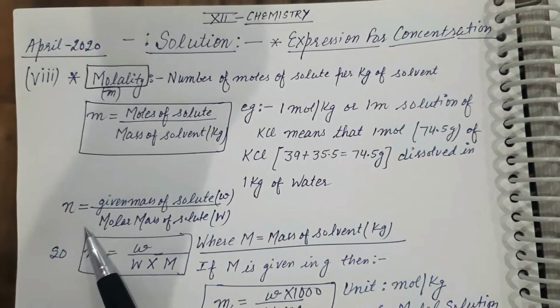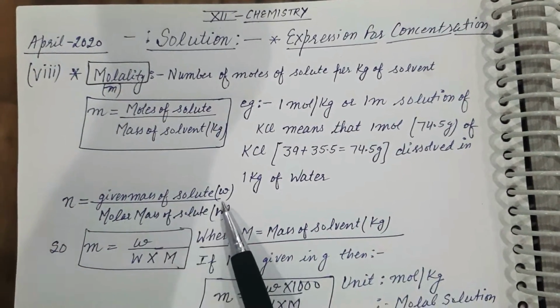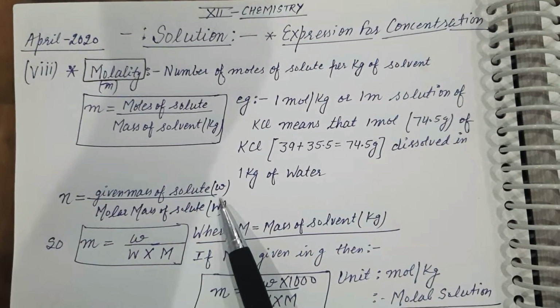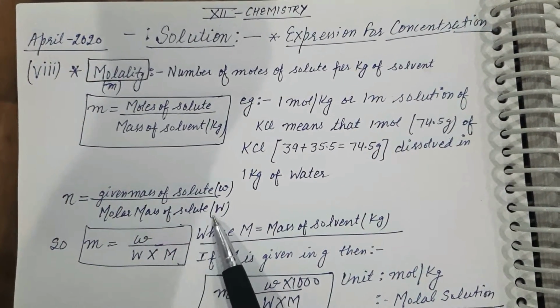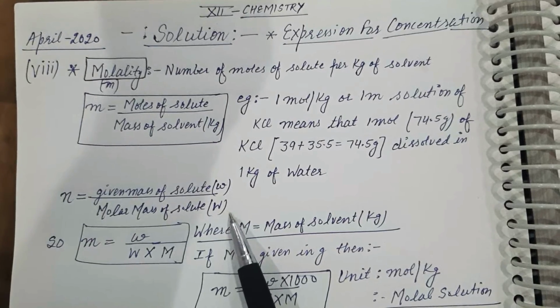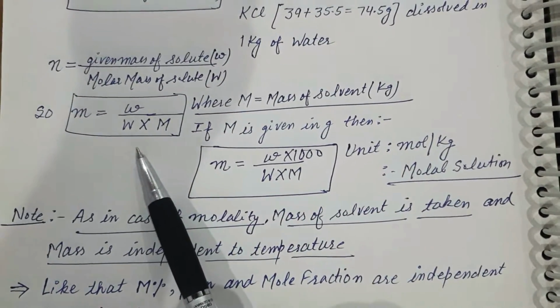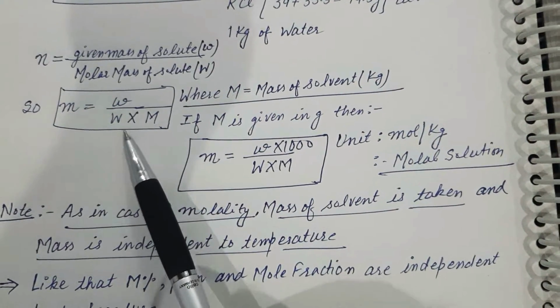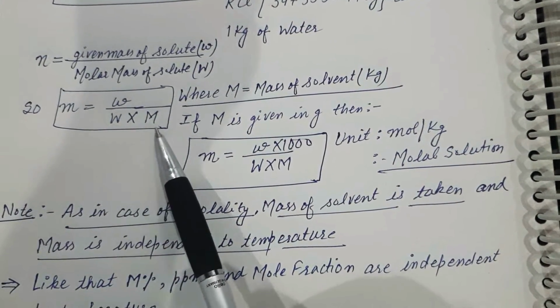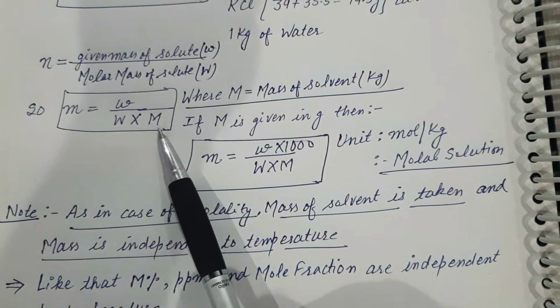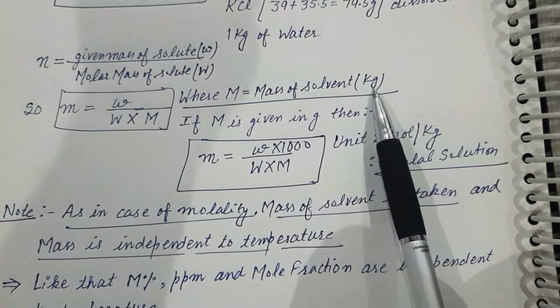Here n is given by the mass of solute, denoted by small w, upon the molar mass of solute, denoted by capital M. Or we can say small m is equal to small w upon capital M into W, where W is the mass of solvent in kg.